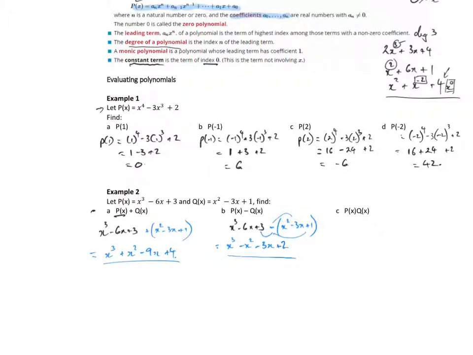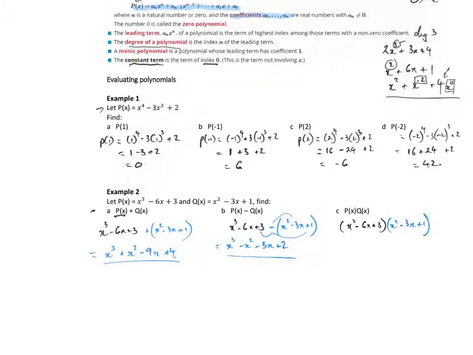If I'm going to multiply them, it might be a bit messier. It certainly is. So let's go x cubed minus 6x plus 3, times in brackets x squared minus 3x plus 1.